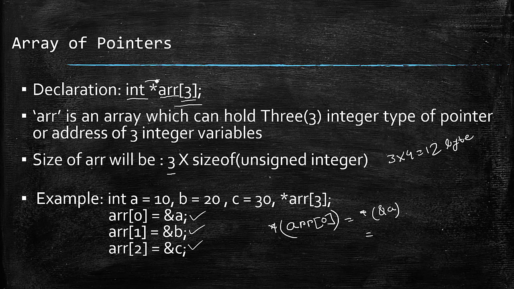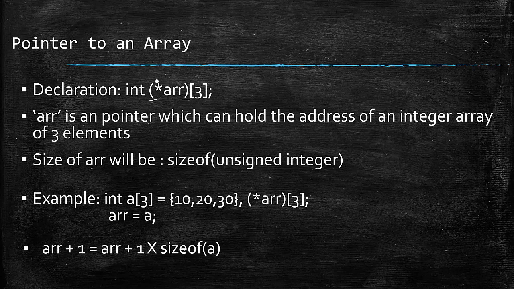So it is an array of pointers. Now in this case, we are using a parenthesis with the asterisk operator, so this asterisk operator will have the higher precedence. So we will say that ARR is a pointer to an array for this square bracket. How can we differentiate between array of pointers and pointer to an array?